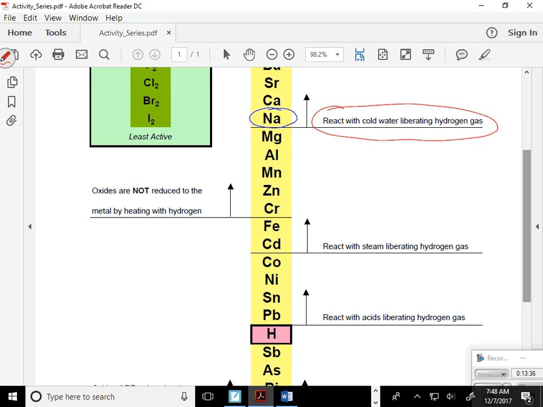I have another line right here that says reacts with steam, liberating hydrogen gas. So, it makes a difference what type of water I'm dealing with, whether it's liquid or steam, because these right here will not react with cold water, but they will with steam.